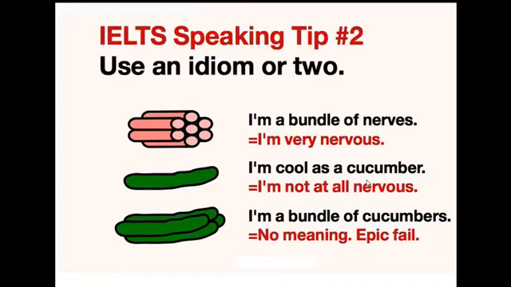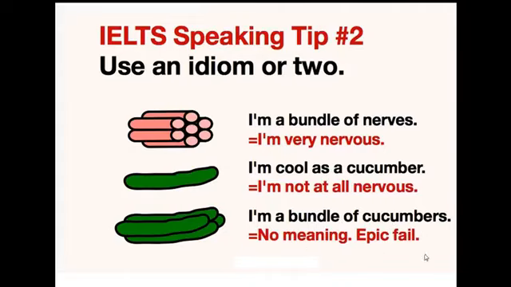Okay. Now, what mistakes do students make? They mess up everything they want to explain because of nervousness. They use the idiom incorrectly. I have a good example over here: I'm a bundle of cucumbers. You cannot be a bundle of cucumbers, students. Okay, it has no meaning.